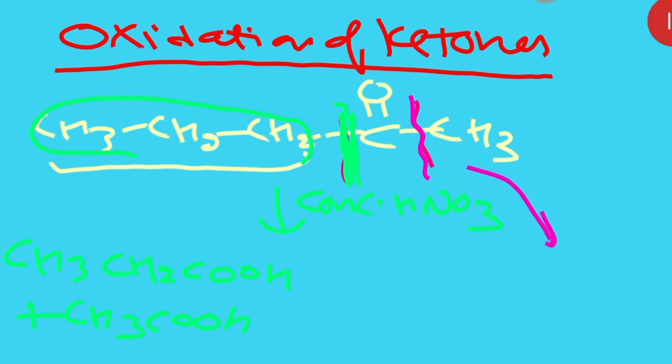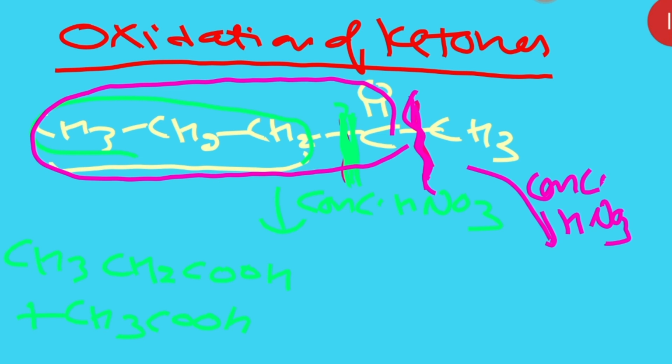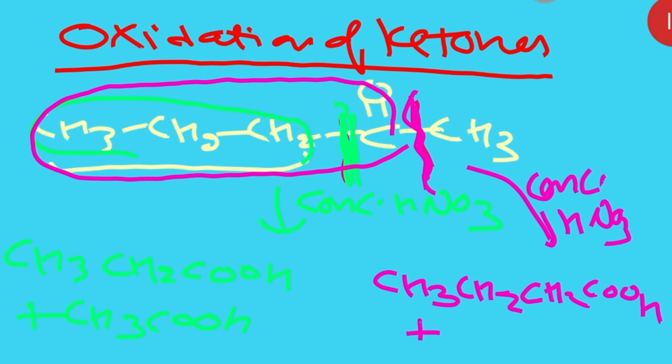In the presence of concentrated HNO3, cleavage from here gives the product CH3CH2CH2COOH plus HCOOH. Like this we have made the products.